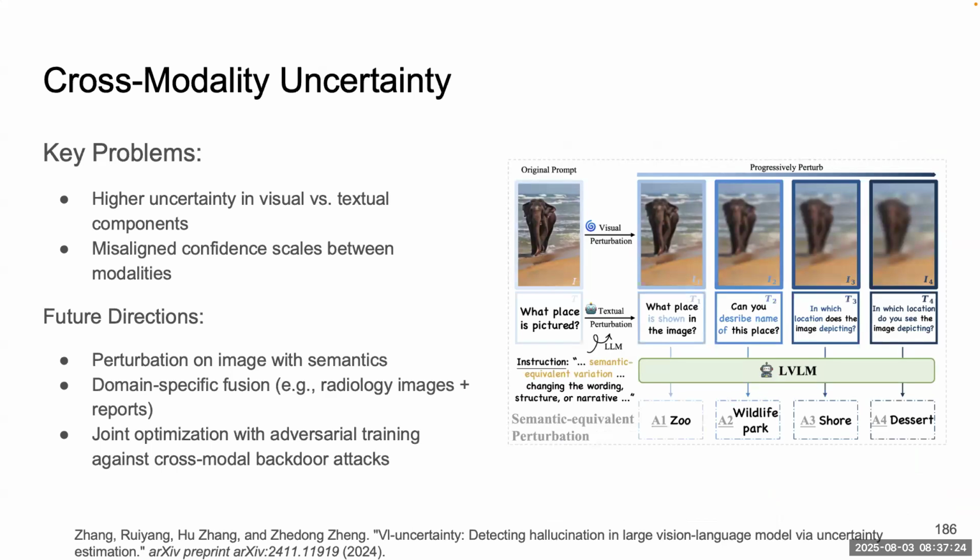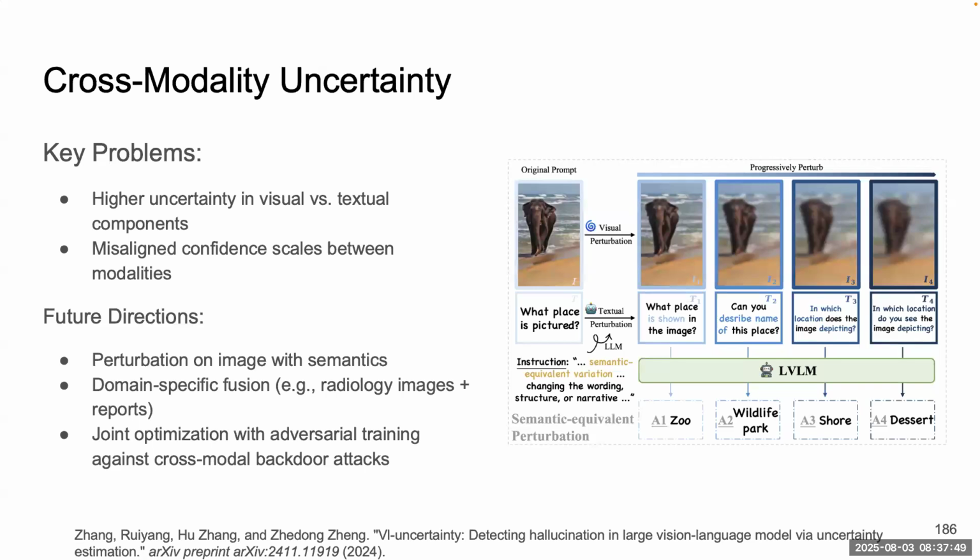And then they propose that maybe we can do some perturbation on the image as well, not just perturbation on the language. We can perturb the image semantics, but I think it's very hard as well, because image generation with semantic manipulation is still challenging.